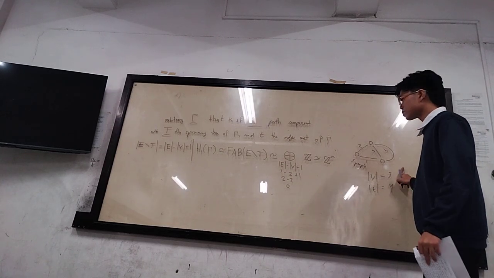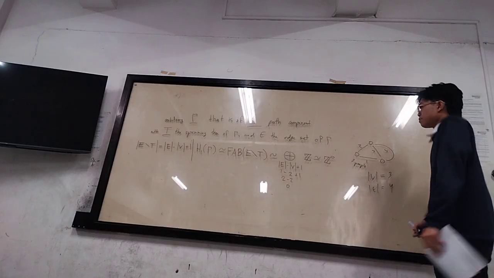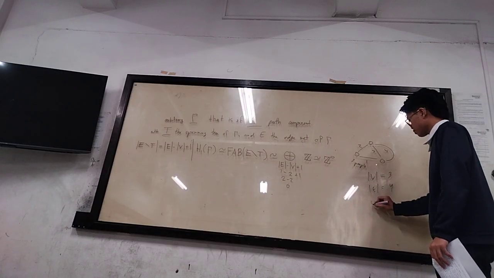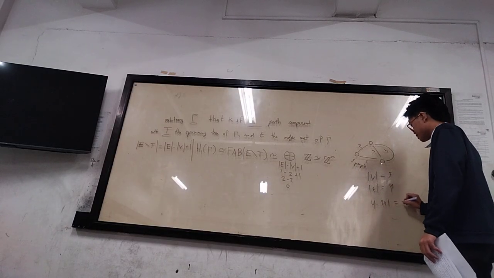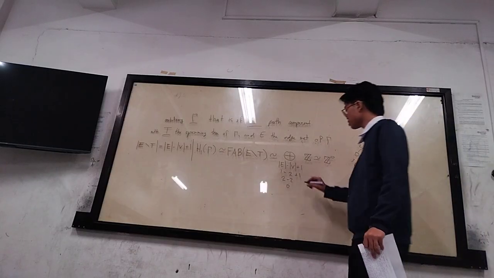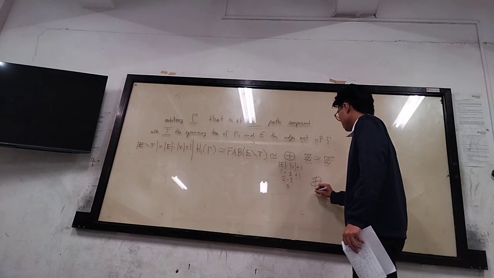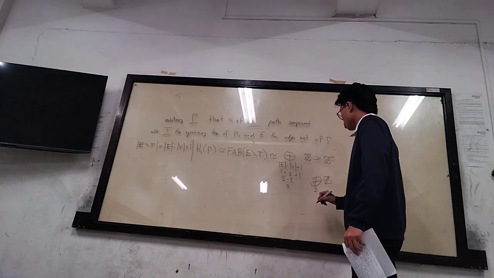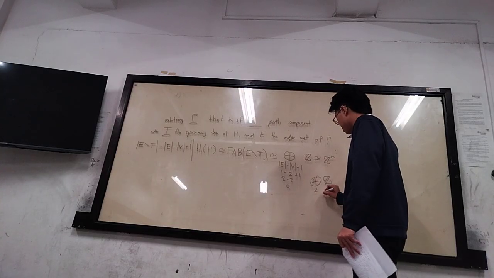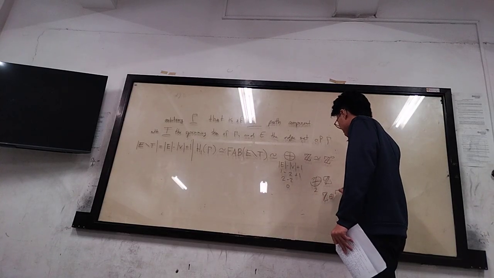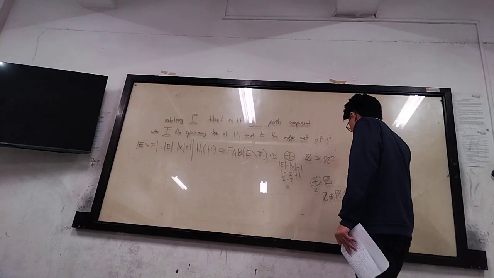So 4 minus 3 plus 1 is exactly 2. So it will be the direct sum of Z up to 2 copies, which is isomorphic to Z2.